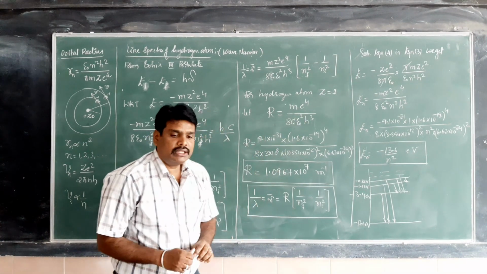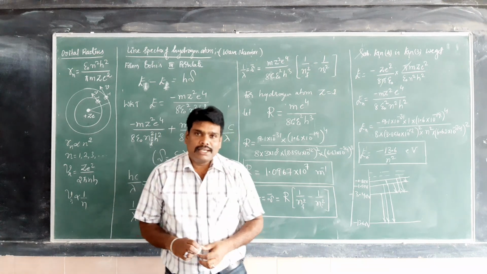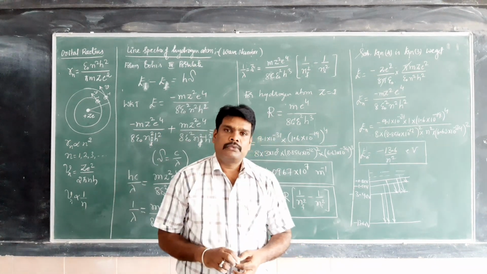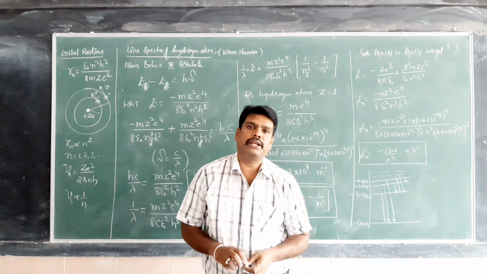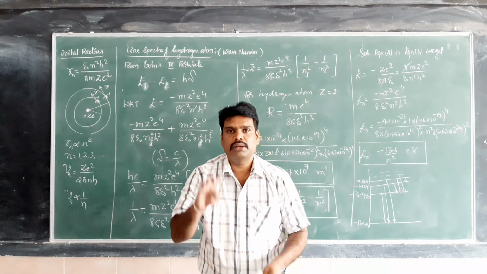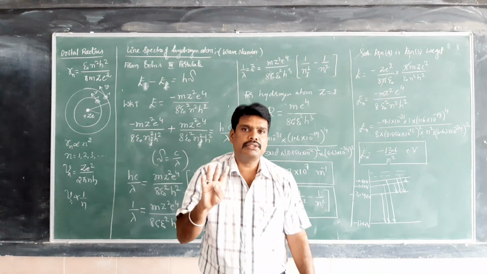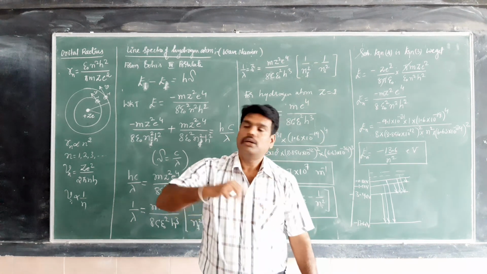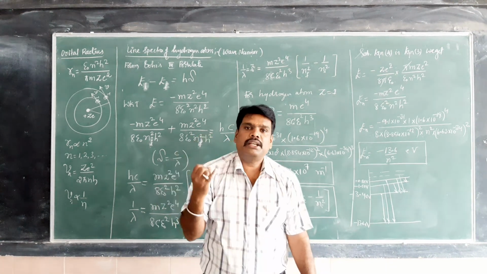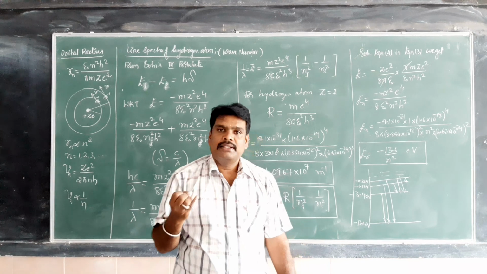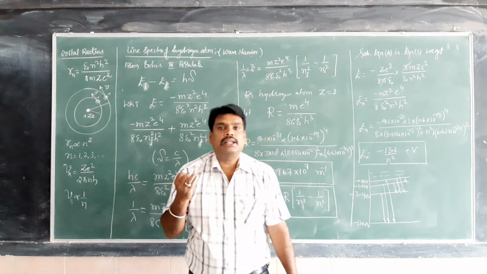Whatever derivations I have done in this video, these two are also very important derivations. You can remember I have already derived four derivations, two from the previous video and two from here. The first derivation is the orbital radius. The second derivation is the orbital velocity.